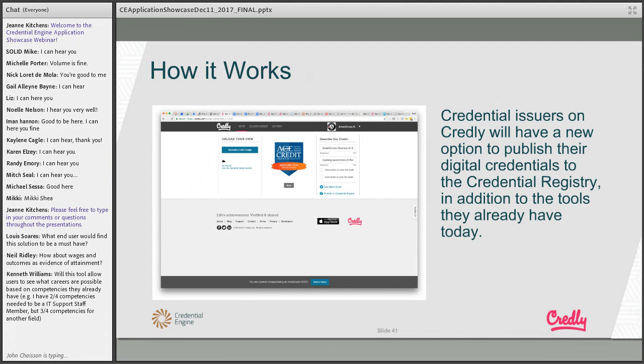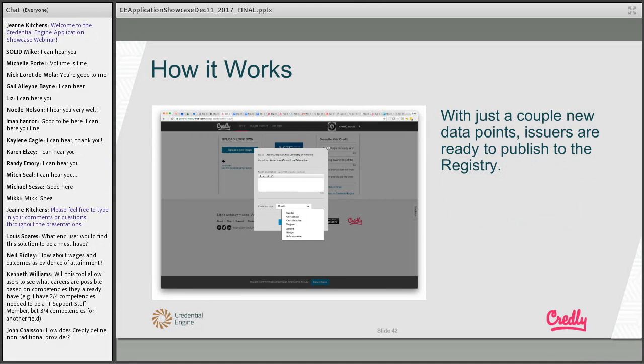So thinking about how this comes to life, within our existing platform, we have tools right now to manage all of the types of data that back up a credential and demonstrate its validity. And so what we want to do is to be able to add to these tools the ability to publish credentials directly into the registry itself.